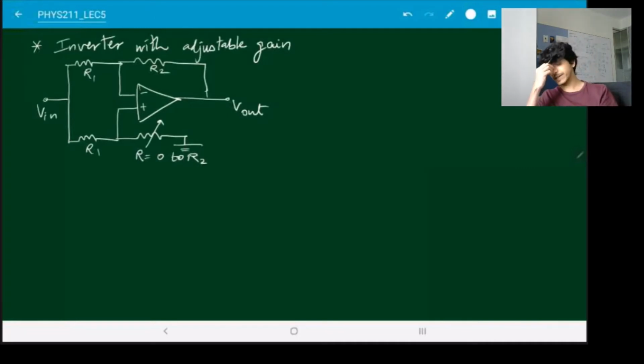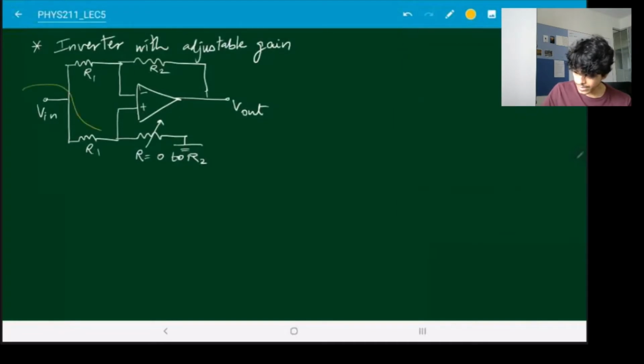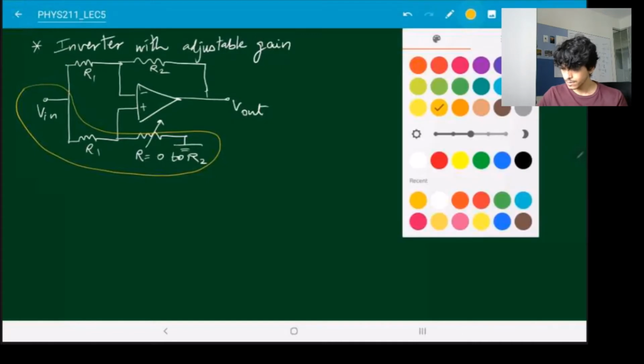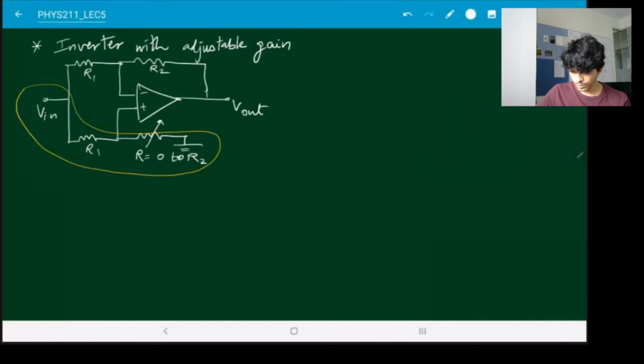Let's see if we can analyze this circuit. First, let's look at this part of it. And you can see that again, this is like a voltage divider. So if I want to find out the potential over here, V plus, or which is the same as the potential over here, then this is given by the voltage divider formula.